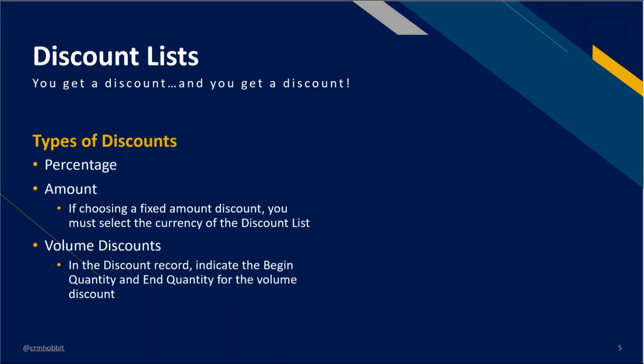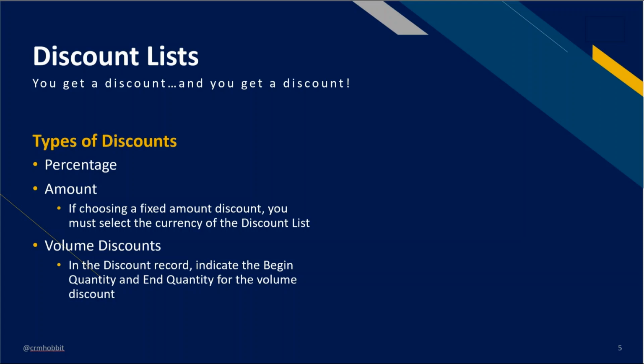And if you're choosing the fixed amount discount, you have to include the currency. Because, of course, if I say it is $20, depending on whether that's US dollar or Canadian dollar, that has an impact to that particular opportunity, quote, or order that we're dealing with in Dynamics 365.